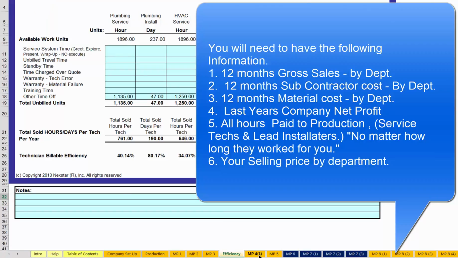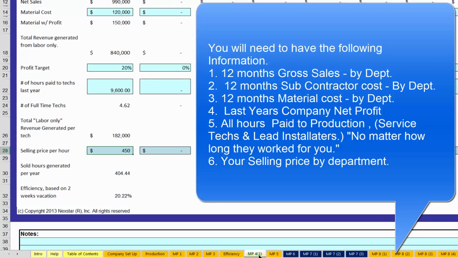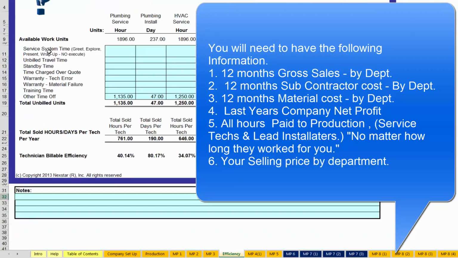All right? So that's efficiency. So there is a way for you to back into it if you haven't been tracking this information here, or you haven't been tracking your hours sold or your days sold. However, that's what we track.